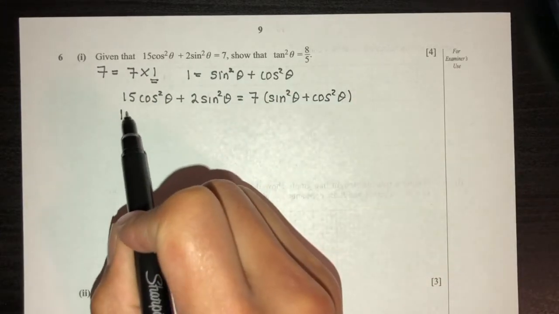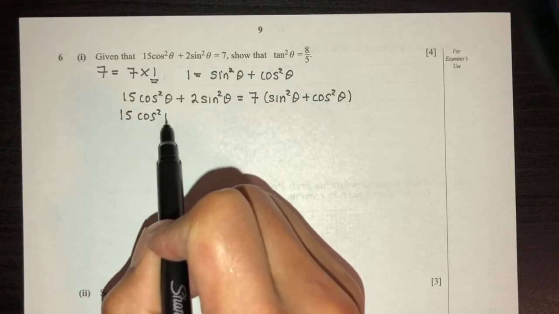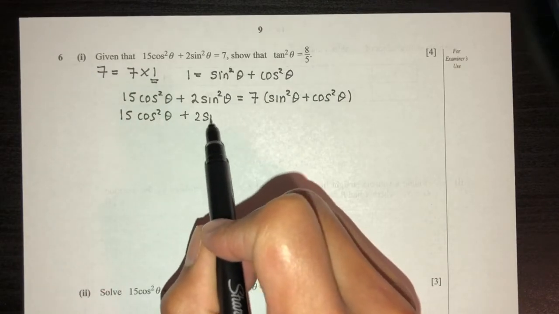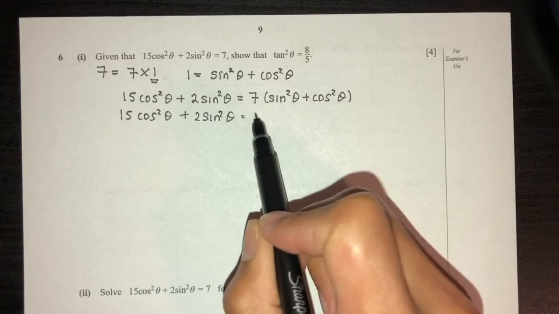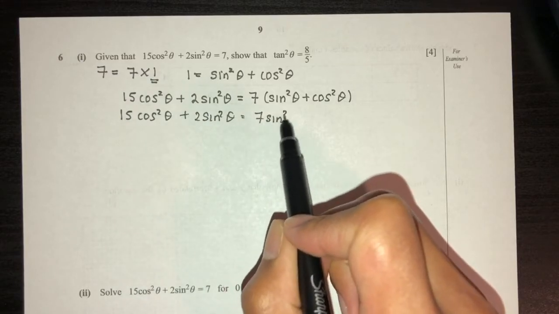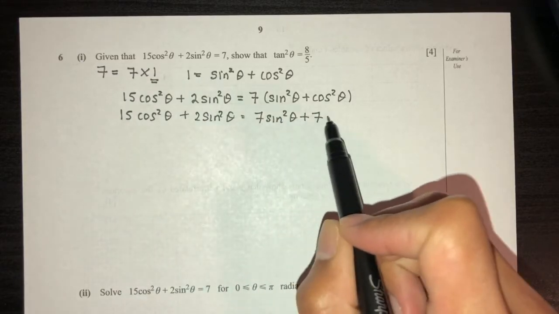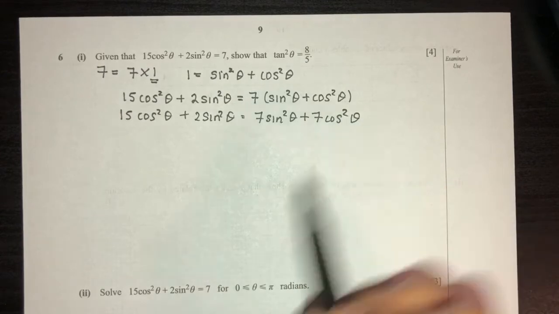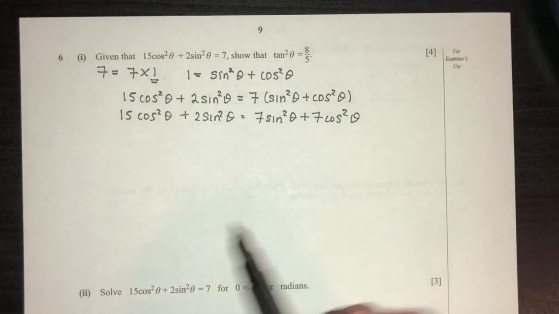So you will have 15 cos square theta plus 2 sin square theta equal to 7 sin square theta plus 7 cos square theta.